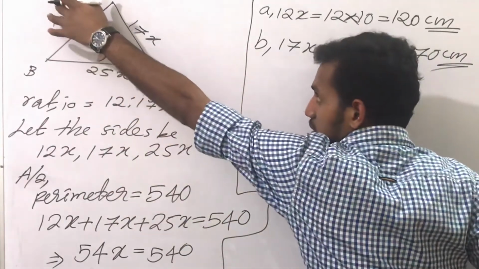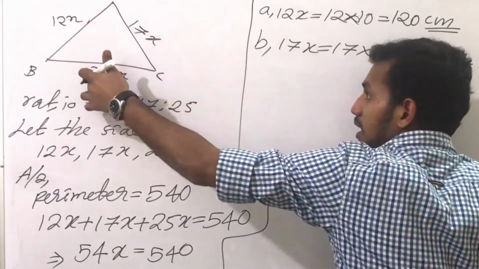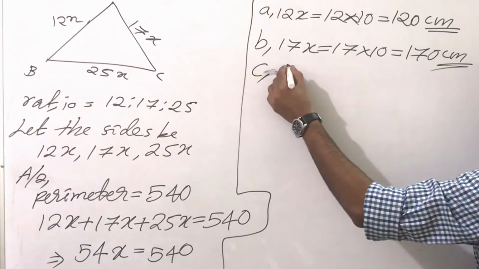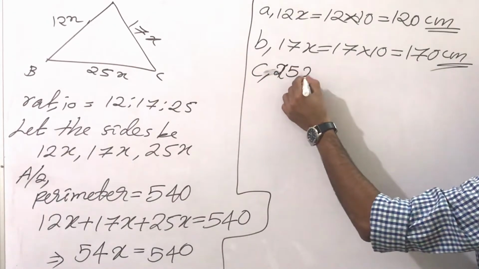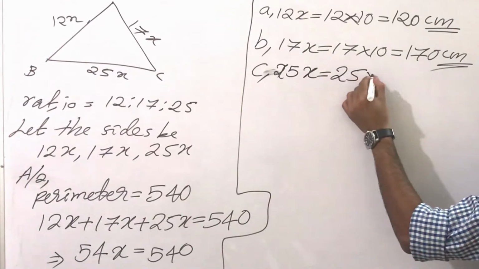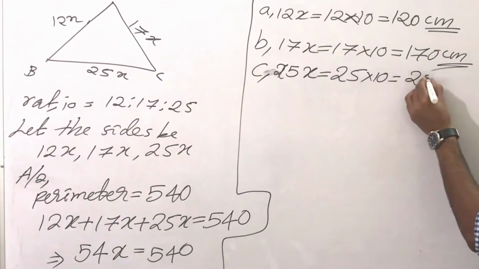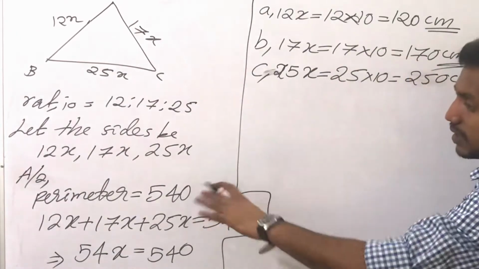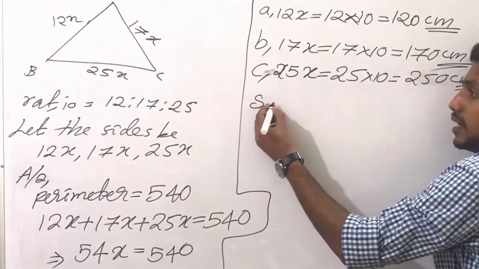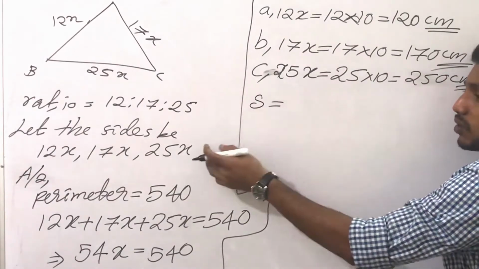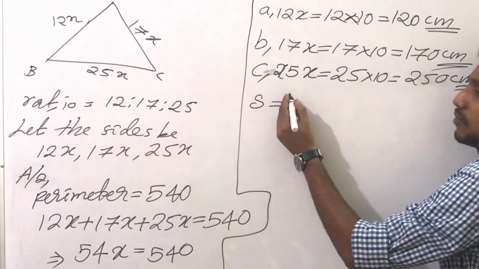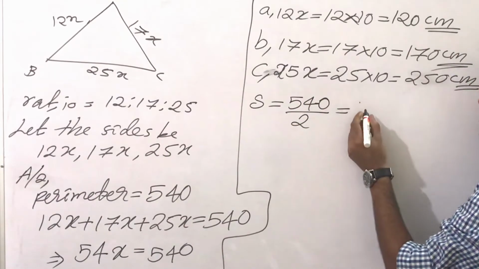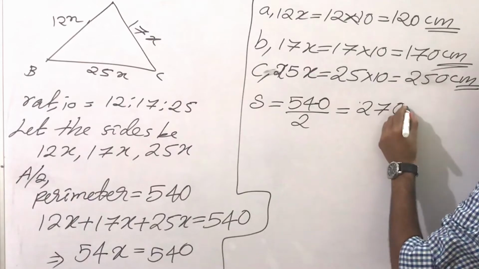Here we are considering this 12x as a, this as b and this as c. Therefore, c is 25x, which is 25 into 10, equal to 250 centimeter. Now we have all the sides and the perimeter. Semi-perimeter is already given by the perimeter, so just find the half of that: 540 divided by 2, which is equal to 270 centimeter.